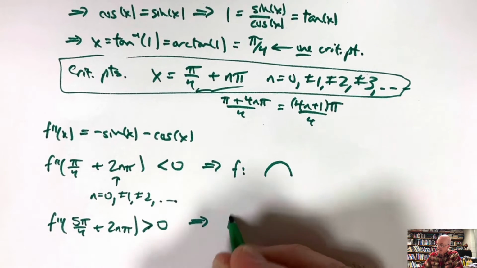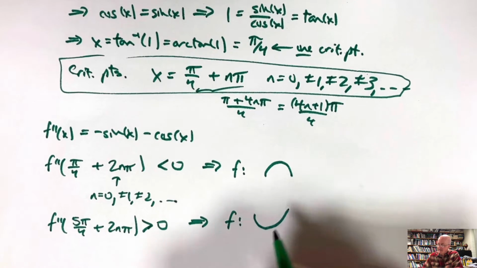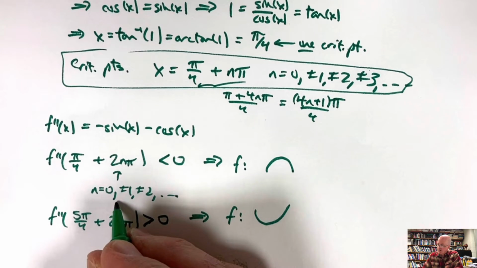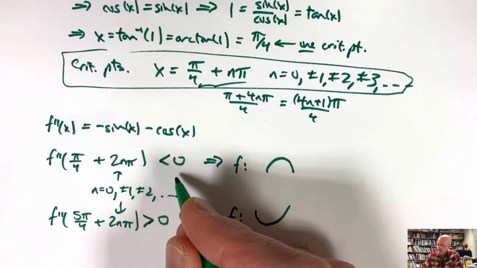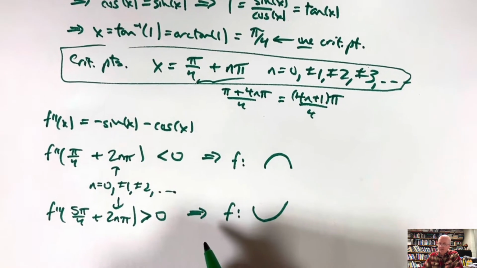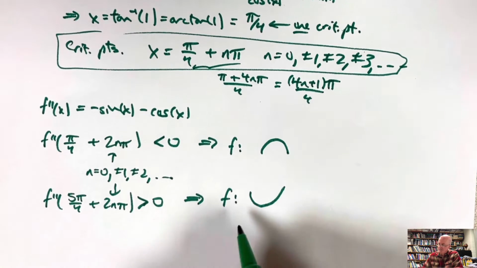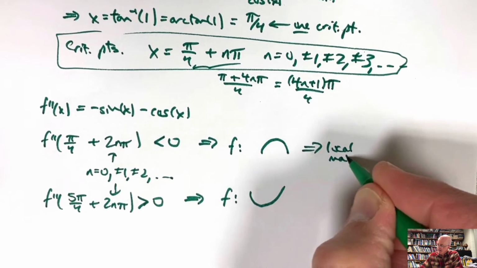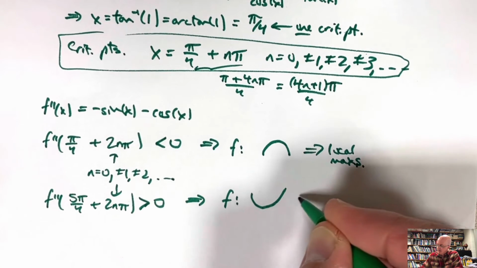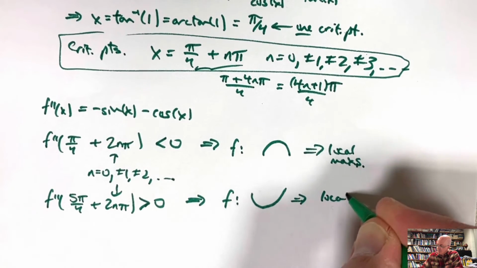So that means f itself is concave up, and these points correspond to local minima. Local maxima at these points, local minima at these points. I have now classified them. These are local maxes, plural, and these are local mins.